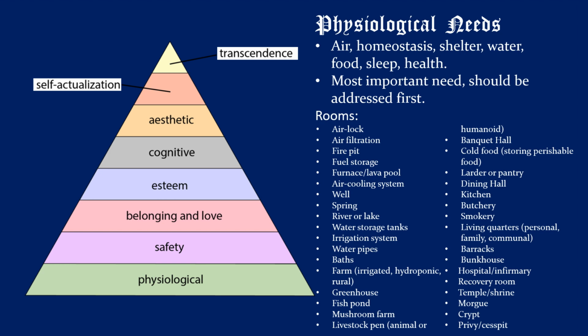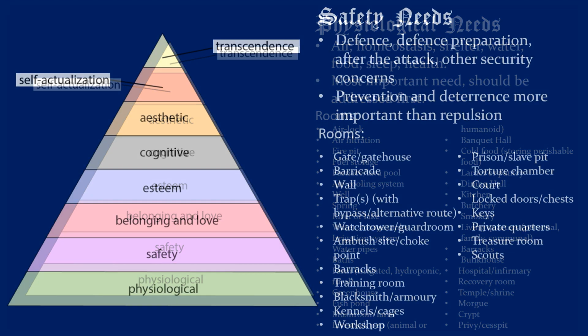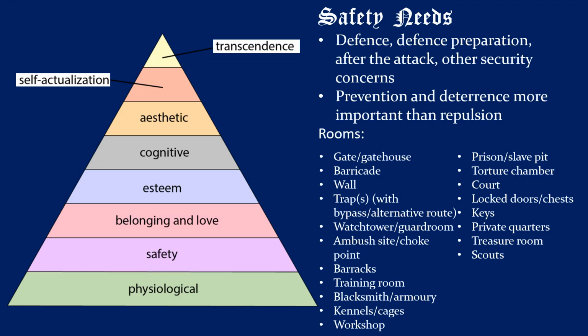The next tier in the hierarchy of needs is safety, which is a category very likely to interface with the adventurers as they attempt to enter the dungeon. One of the most obvious places to start with keeping inhabitants safe is to keep threats out of the dungeon. This is most easily addressed with a wall and a strong door, but there are many preventative measures which can be employed in addition.